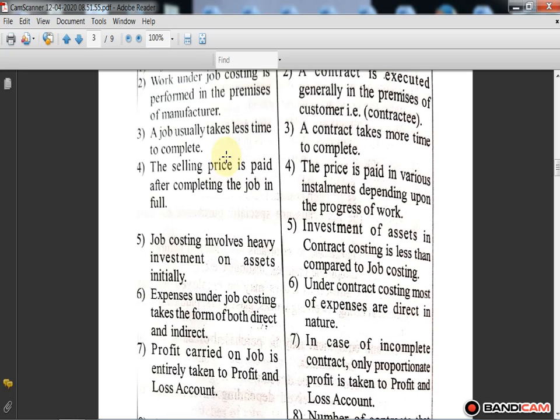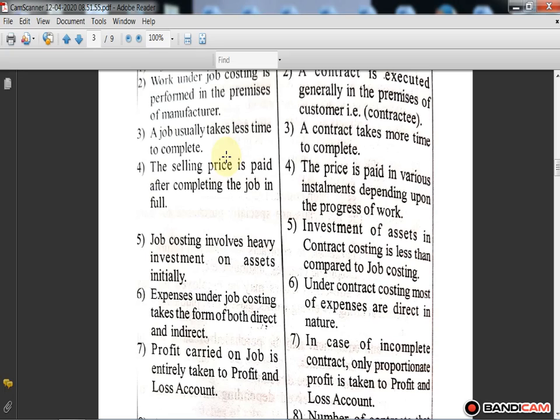In job costing, both direct and indirect expenses are taken into consideration, but in contract costing, most expenses are direct in nature because they are directly related to the construction of the contract or construction of buildings and houses. So all the expenses are direct in nature in contract costing.